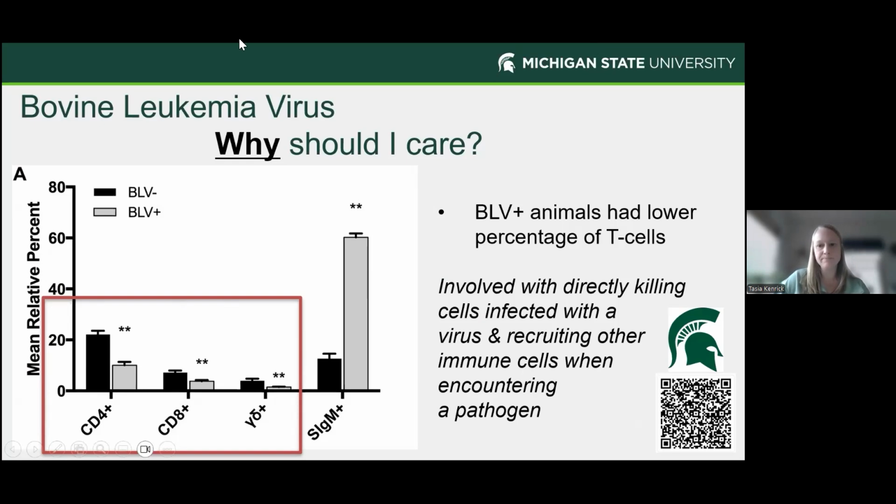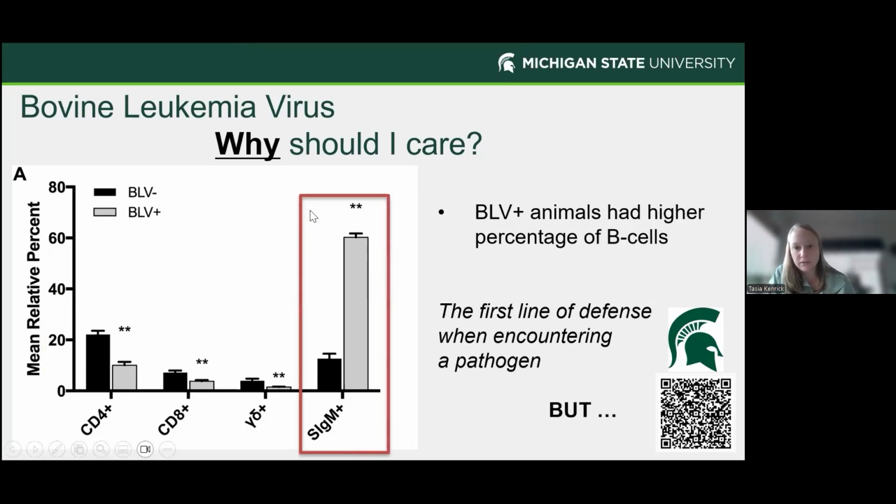T cells are involved with directly killing cells infected with a virus or recruiting other immune cells when encountering a pathogen. And you see that all three of those cell types had a lower percentage in BLV positive animals. So they don't have as many cells involved with killing other cells infected with virus, that compromised immune system.